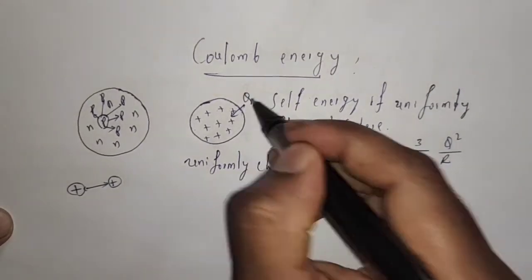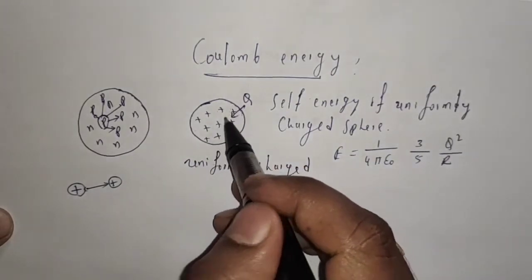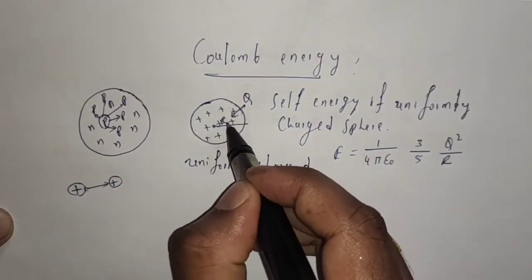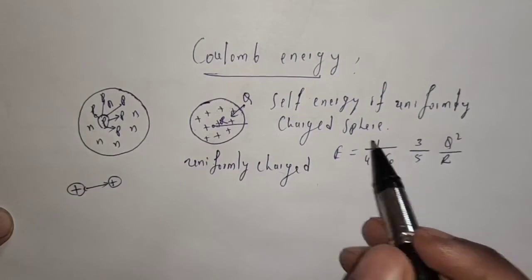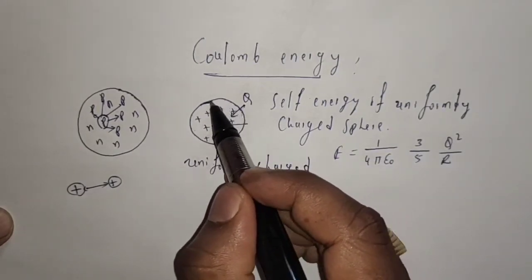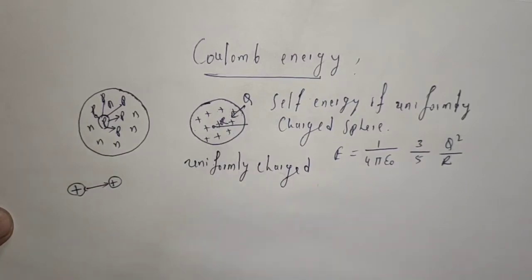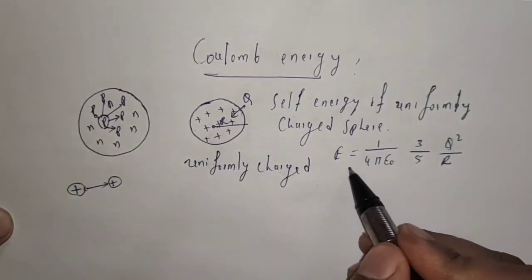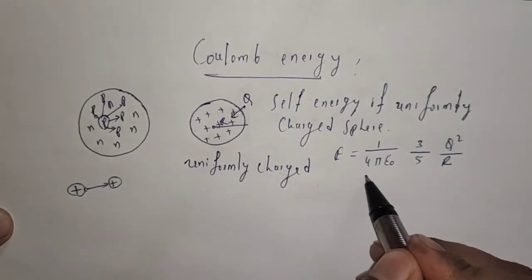Here q is the total charge of the sphere and r is the radius of the sphere, and the charge is uniformly distributed throughout the sphere. This is the self energy of the uniformly charged sphere.